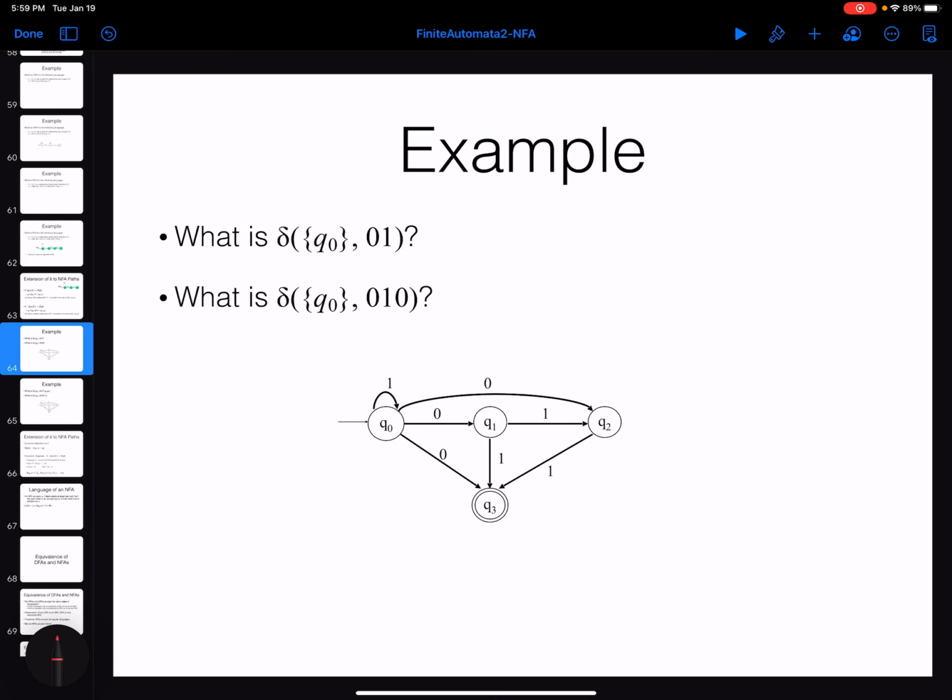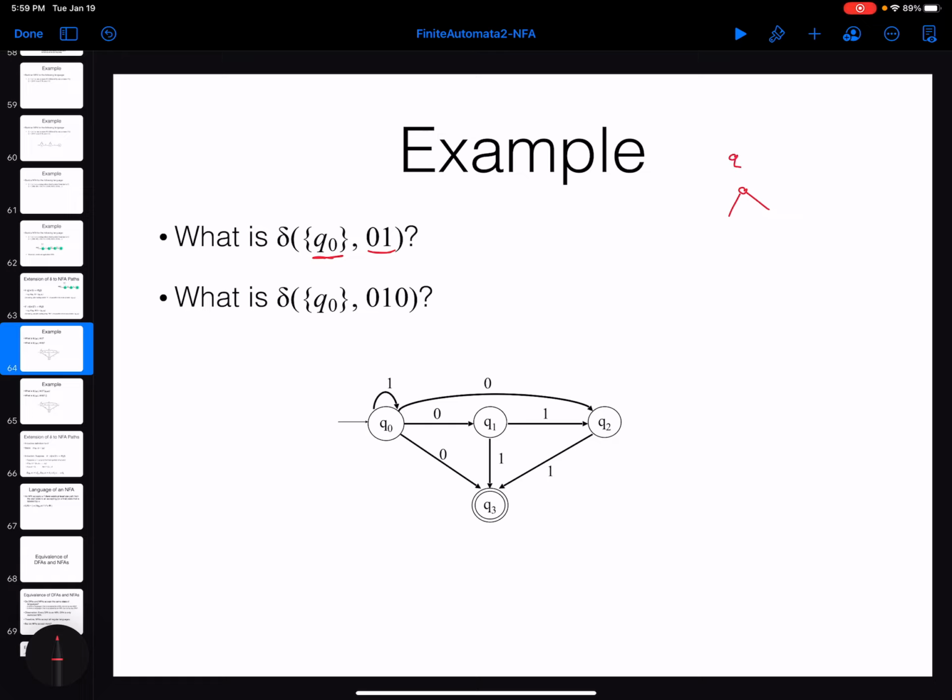Okay, so let's answer these questions. Assume that I have this NFA and I am going to answer where we will end up if we start at Q0 and read the input string 001. You can start at Q0 and create this search tree.